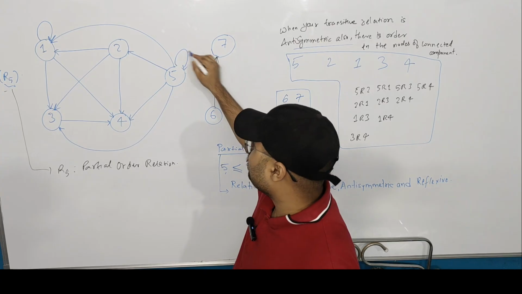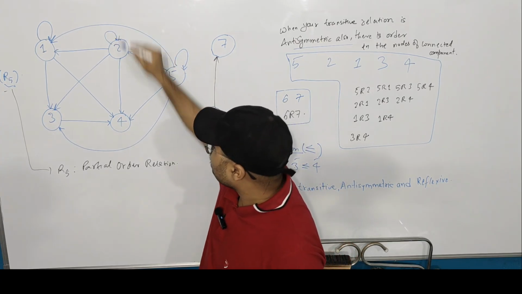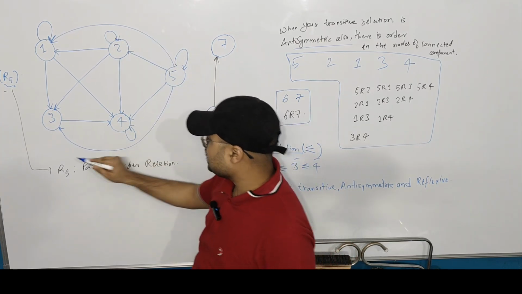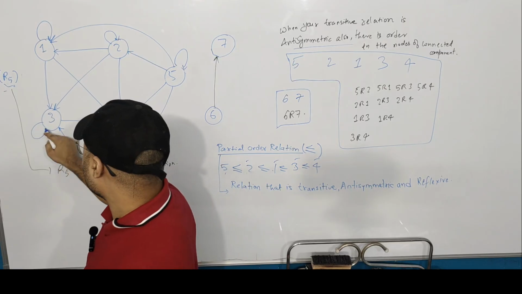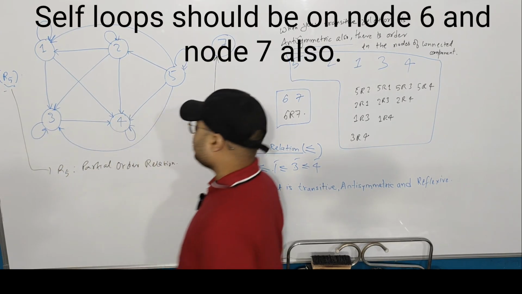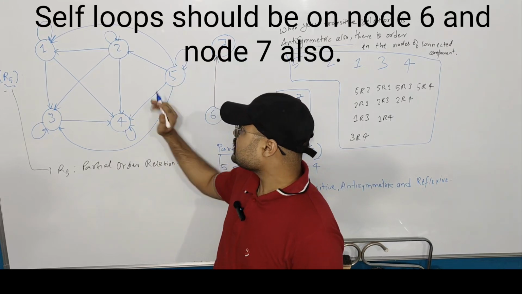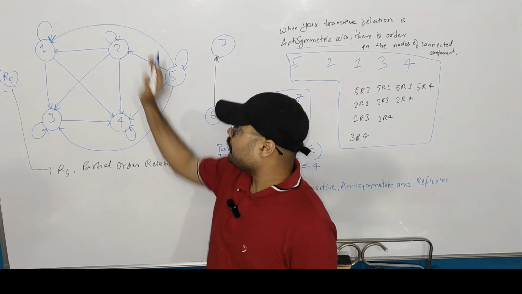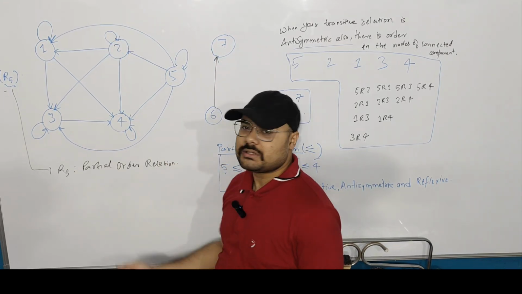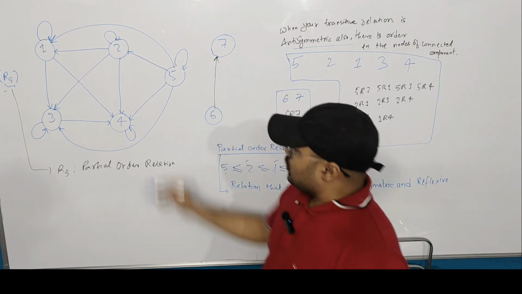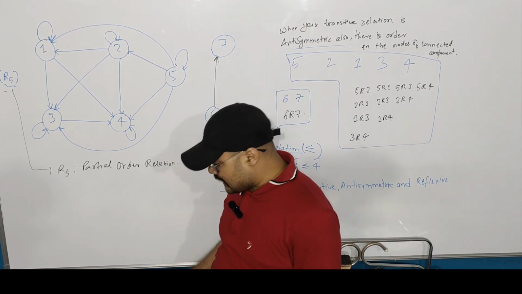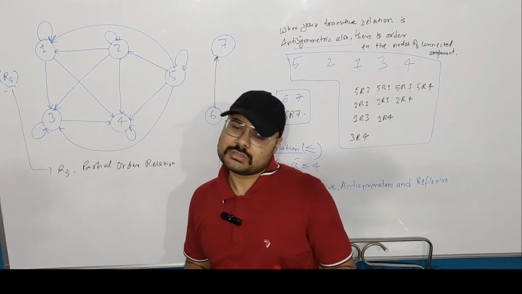So 5 is related to 5, 2 is related to 2, 4 is related to 4, 3 is related to 3, 1 is related to 1. Now, these reflexive edges and the edges I call transitive edges are implied. So in a Hasse diagram, we do not have those edges.